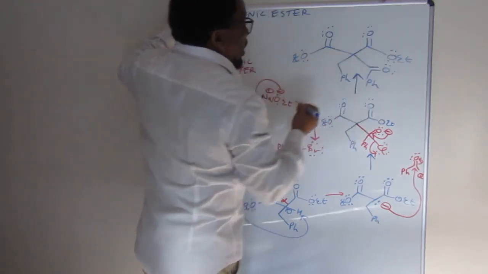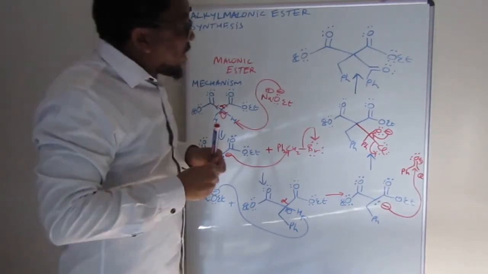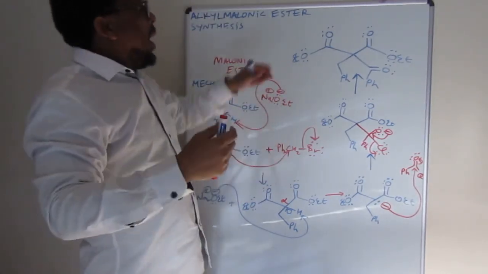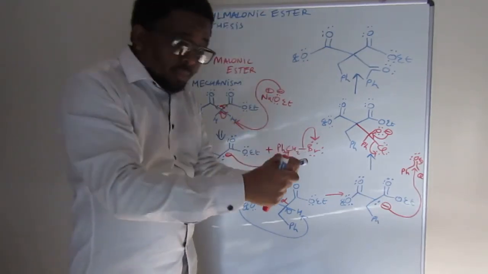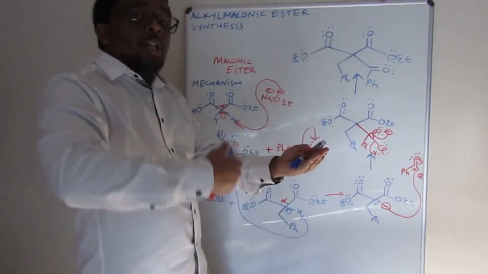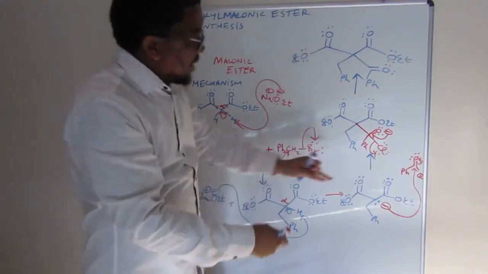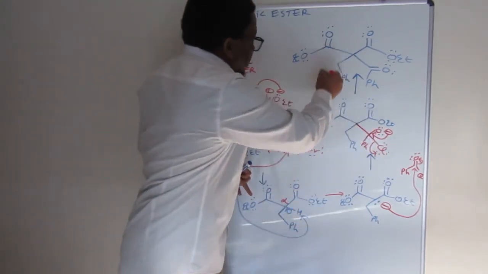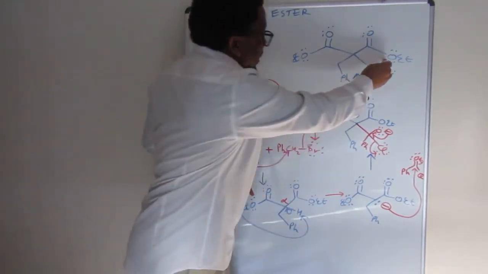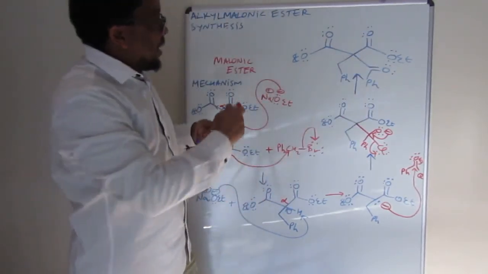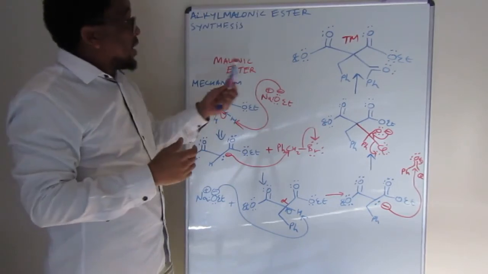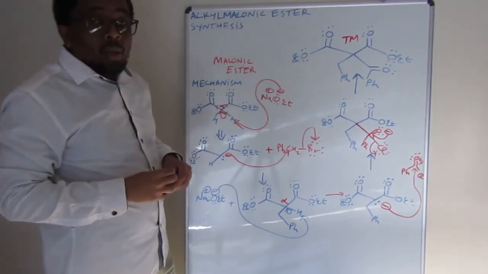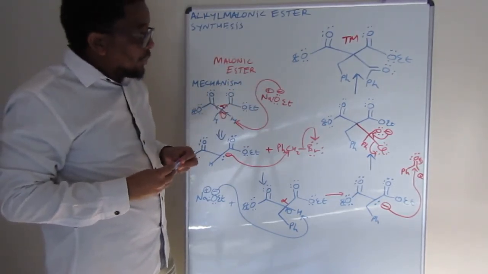So we have now generated our malonic ester, which has been alkylated, which has been acylated, right? So this was the first step, and this is the second step, and there's our target molecule that we wanted to synthesize, right?